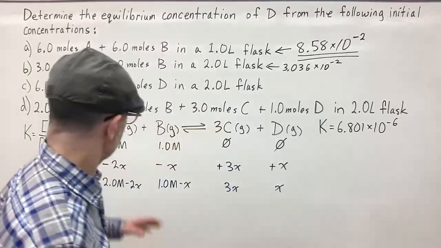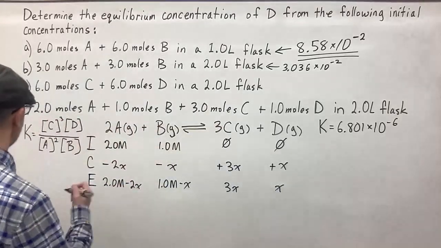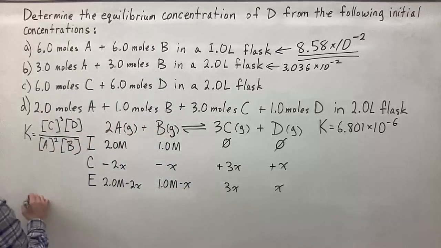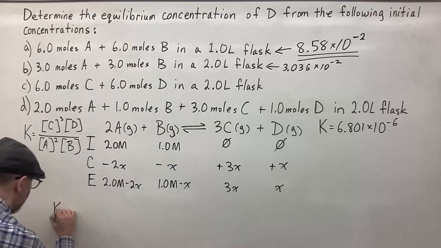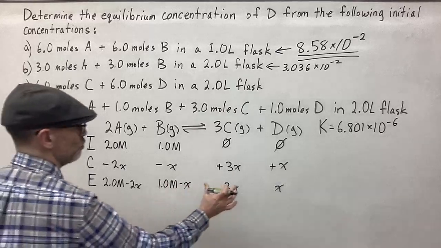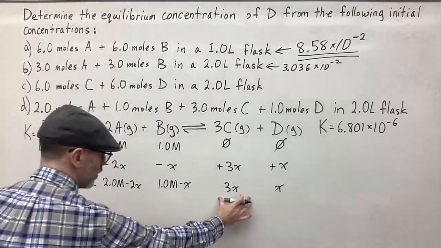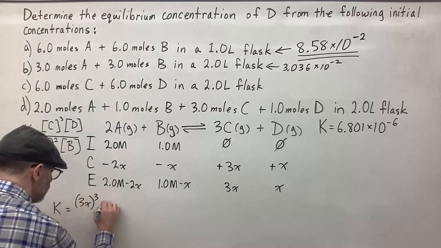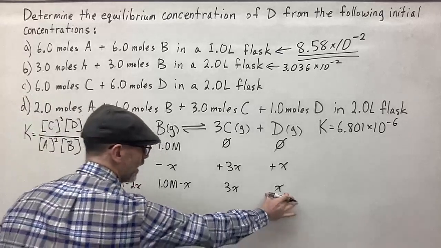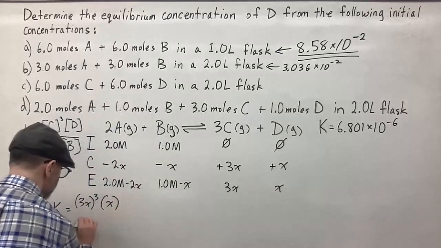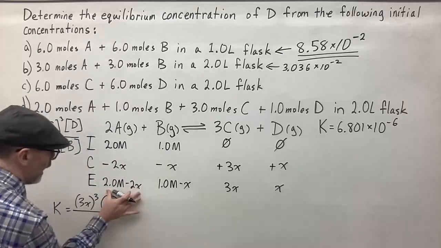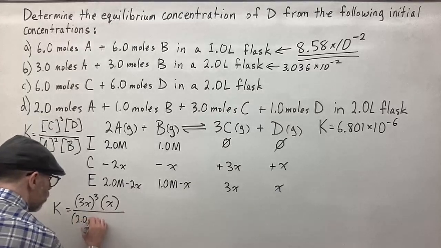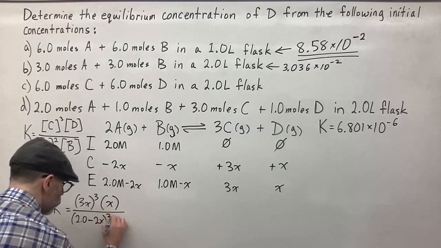And so now we can set up our K expression like we did before. So let's go ahead and go down here. We're going to have K is equal to the concentration of C cubed. So that's going to be 3x cubed again, multiplied by D, which is x, divided by A squared, so 2.0 minus 2x squared.